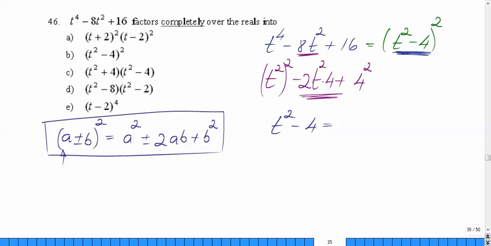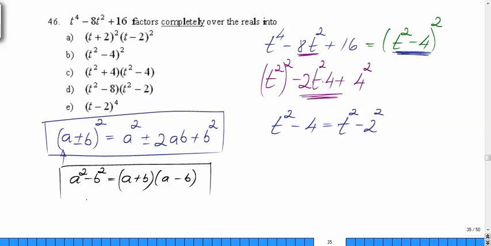Let me give you a hint. How about rewriting this: t squared minus 4 is nothing else but t squared minus 2 squared. Does this ring a bell? Do you remember that if you have a squared minus b squared, which we call the difference of squares, you can rewrite this as a plus b times a minus b, or a minus b times a plus b.